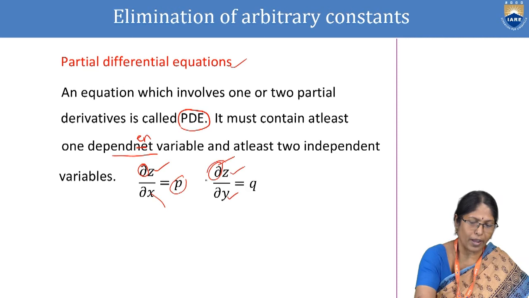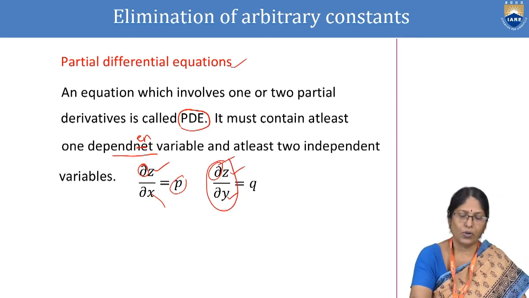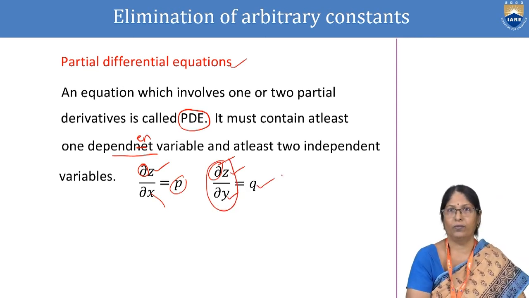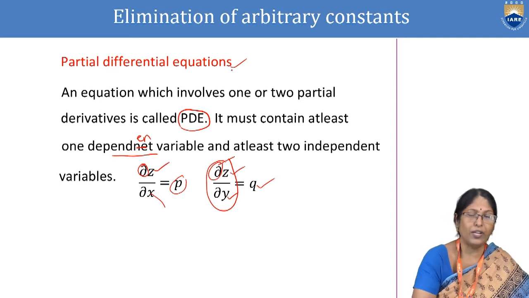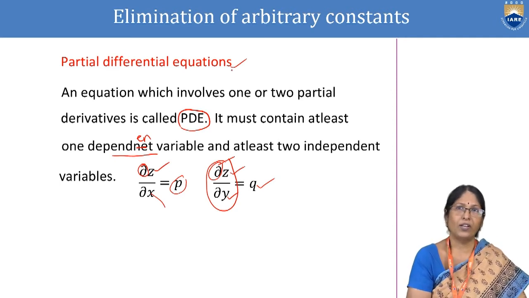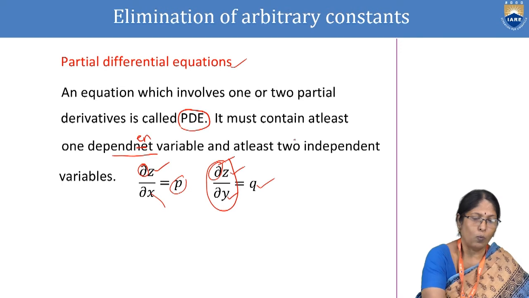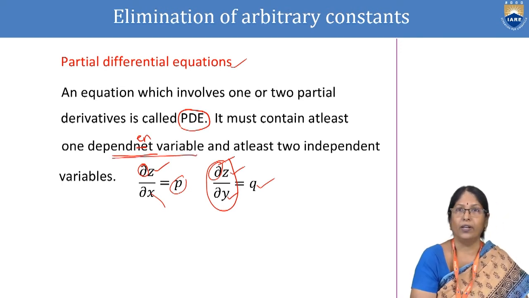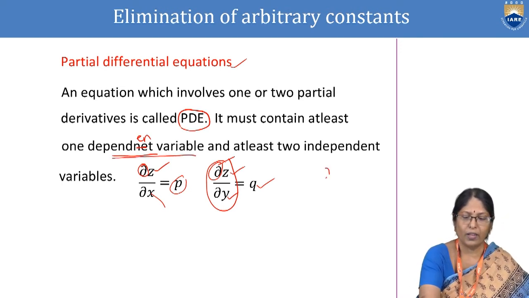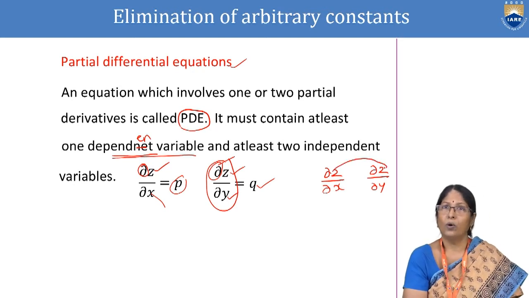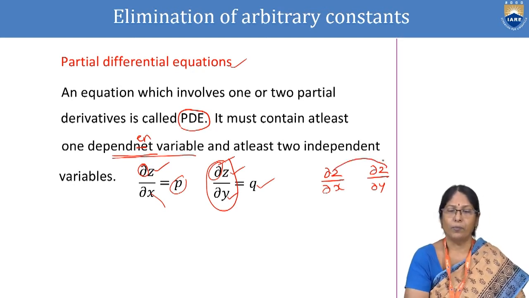So according to the definition of a partial differential equation, in ∂z/∂x and ∂z/∂y, z is the only dependent variable and x, y are the two independent variables.